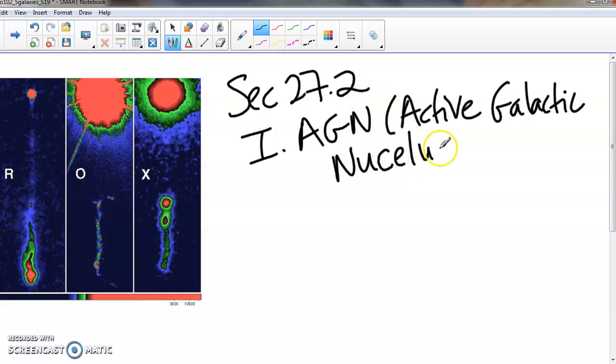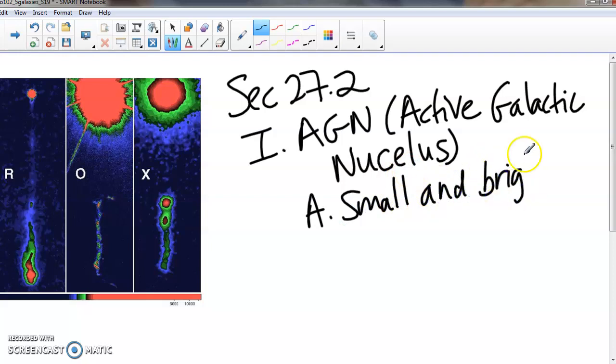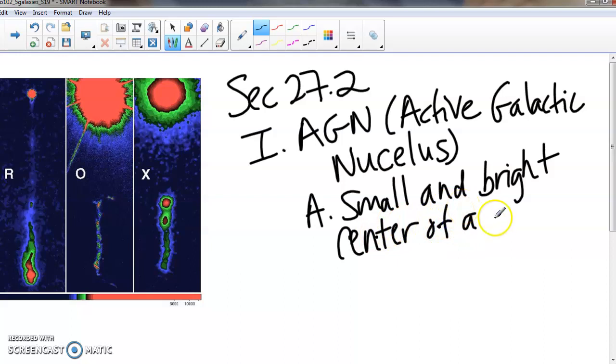Nucleus. That means that it's the small, and they are relatively small, and bright, very bright, center of a galaxy. So that was the galactic nucleus, center of a galaxy. Not every galaxy, as we'll find, but some.